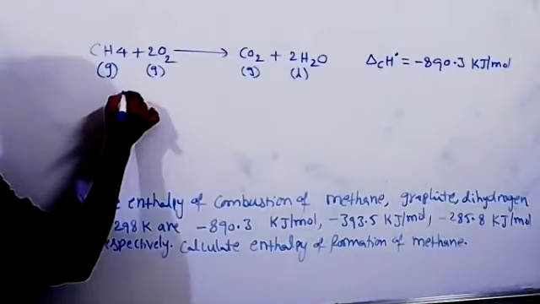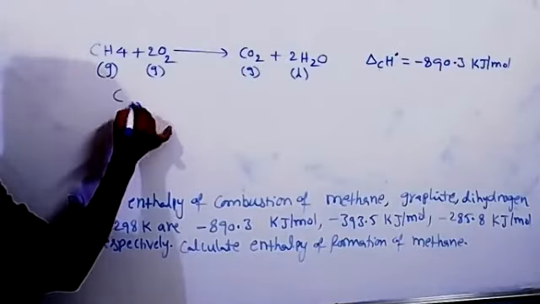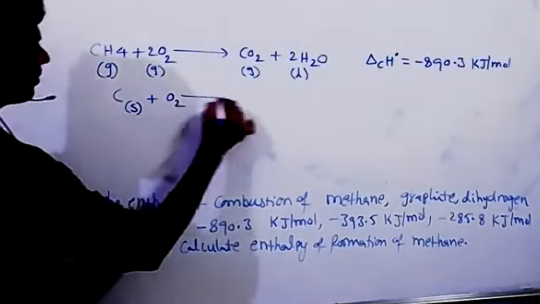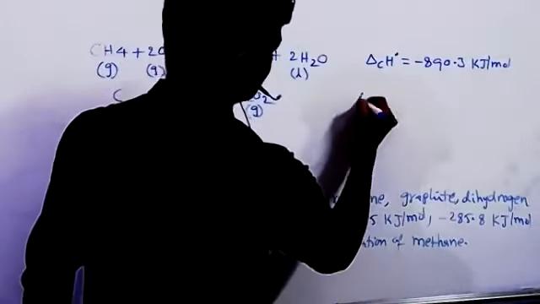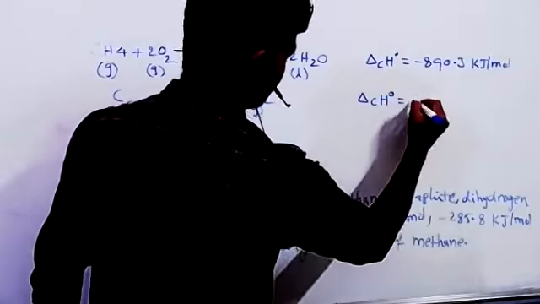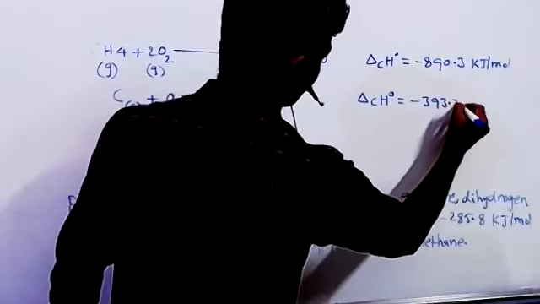Next, graphite. Graphite means just carbon. Carbon burns to CO2, and the enthalpy of combustion is minus 393.5.